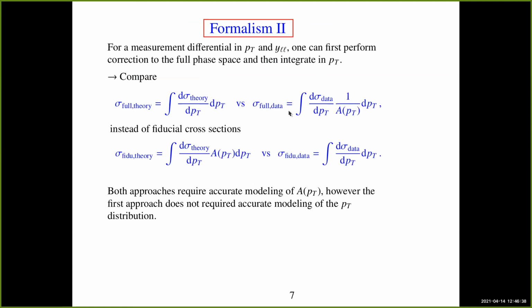And in our case, which is advocated here, we would first determine the acceptance based on the theory, correct the data, and then integrate. So the advantage here is that this integration doesn't require exact knowledge of the PT spectrum to integrate over it. While here, if the acceptance does depend on PT, we do need to model the PT spectrum, and fixed order predictions don't always do that properly. Okay, so that's the idea.